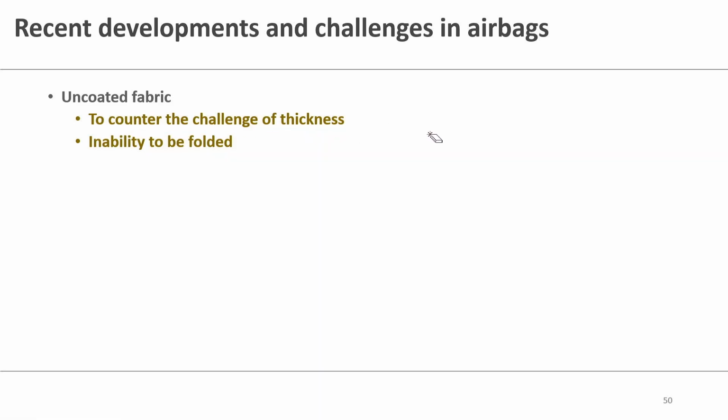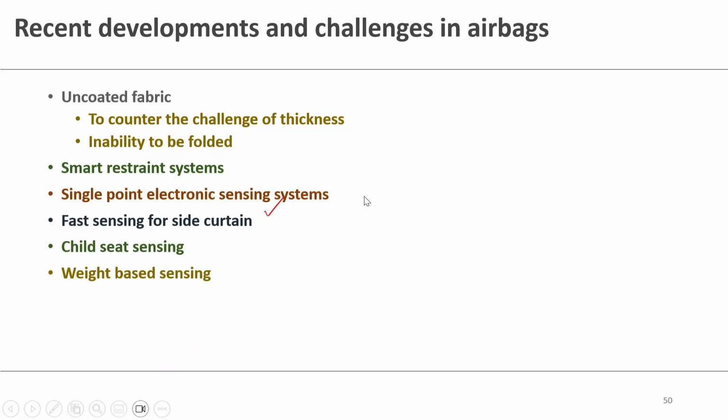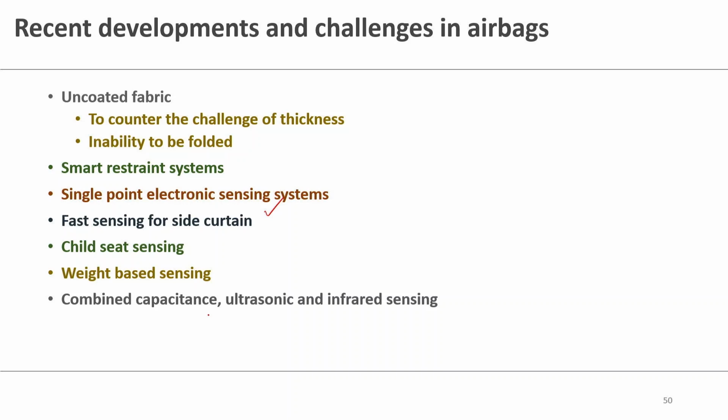And to improve the foldability, smart restraint systems are there: single point electronic sensing systems, fast sensing for side curtains, child seat sensing, weight based sensing, combined capacitance, ultrasonic and infrared sensing. So, different types of recent developments are there.